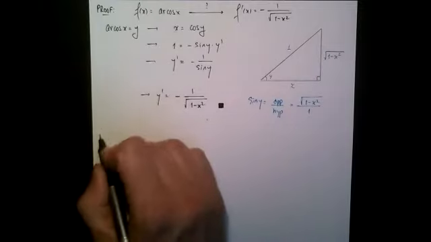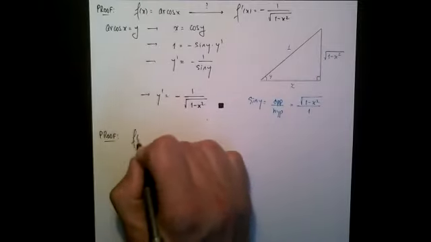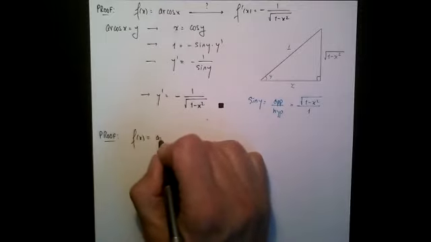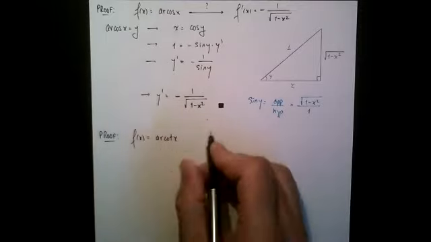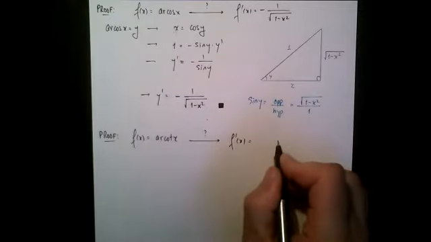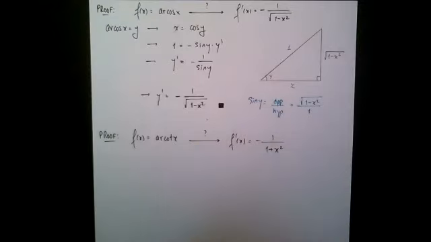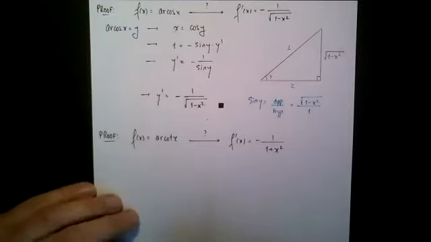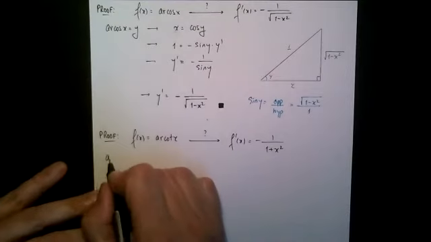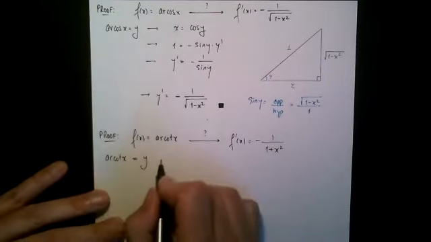So proof. If f of x is equal to arc cotangent of x, then f prime of x is same thing as the arctan, but with minus. So again, arc cotan equals y.